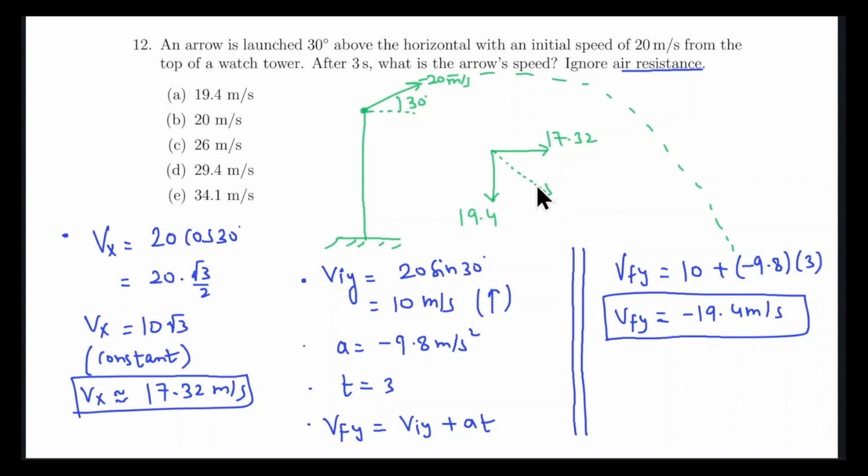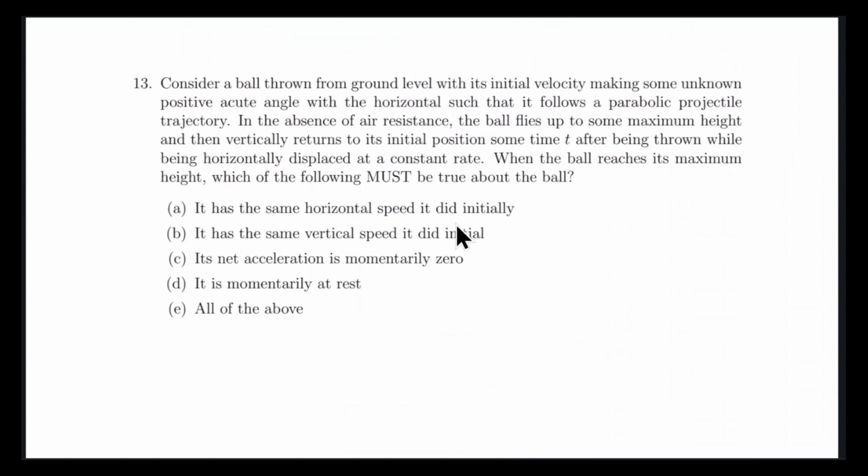So the answer will be the square root of 19.4 square plus 17.32 square. The square root of this is somewhere around 26, which is definitely option C. That's the answer. All right.